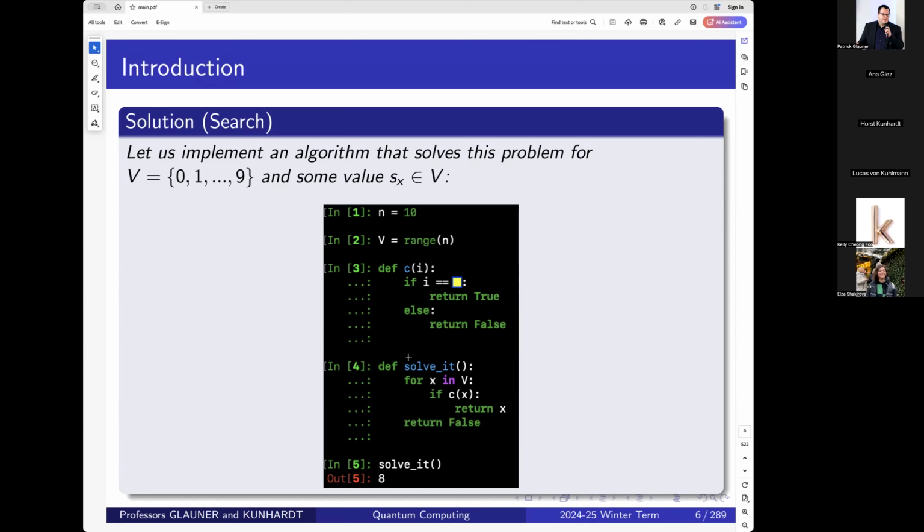What I'm doing here is, in fact, I want to find out what is the secret, the value I'm looking for. And for that, I go through V, and if for some input X, C of X is positive, I return it, and I'm done. Otherwise, I return false. This is the problem I'm solving.